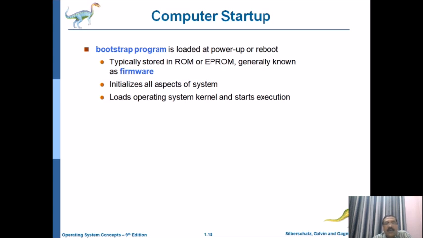It initializes all aspects of the computer system, loads the operating system kernel and starts execution. Loading of the operating system is called booting. The operating system always resides in your hard disk or secondary storage device, and the ROM boot program, or firmware, will copy the essence or module of the operating system, which is called the kernel.